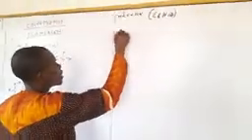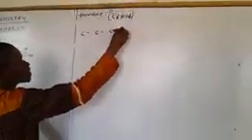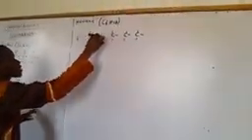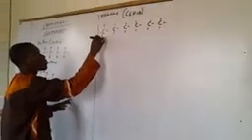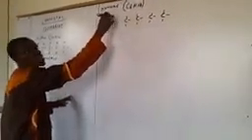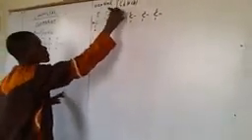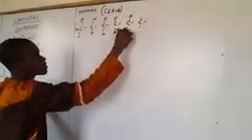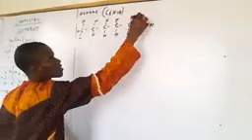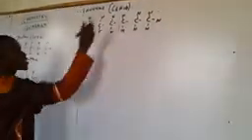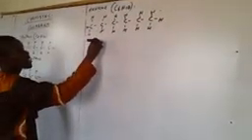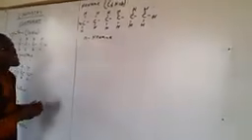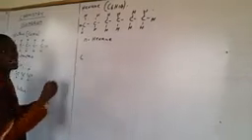So now we have 1, 2, 3, 4, 5, and 6, with 14 hydrogens. This one is called normal hexane, n-hexane.